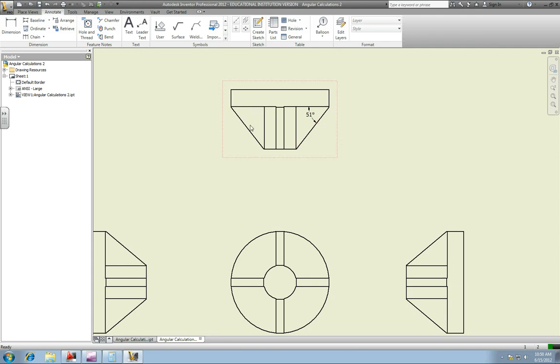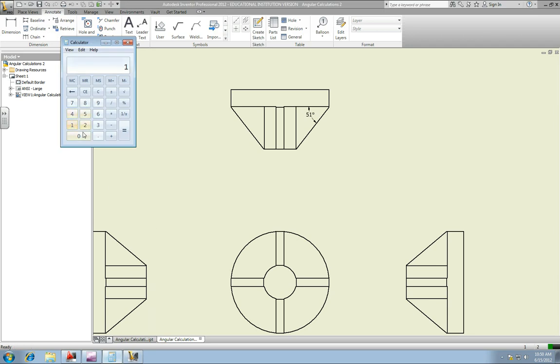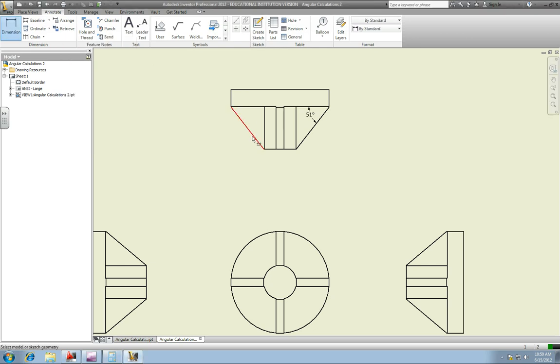That one's 51. There's 180 degrees in a triangle, so why not 180 minus 51 minus 51, which is 78 degrees. So I should be able to get Inventor to measure that angle. Okay, and sure enough, it's 78 degrees.